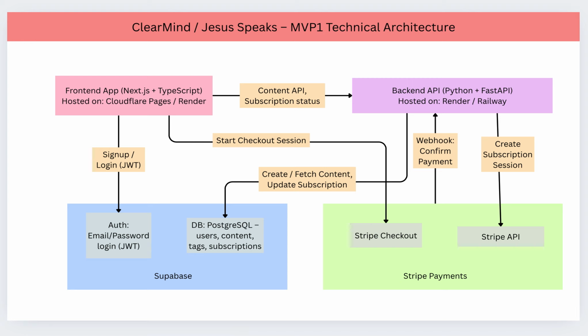Supabase PostgreSQL stores users' content such as articles, polls, and quizzes, tags, and subscription metadata. We also apply row-level security in Supabase to make sure users only access what they're allowed to.